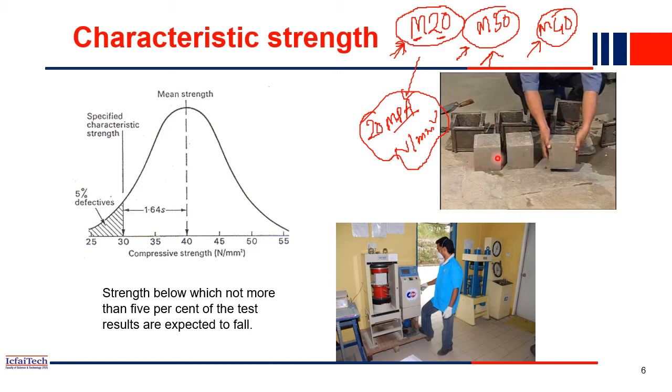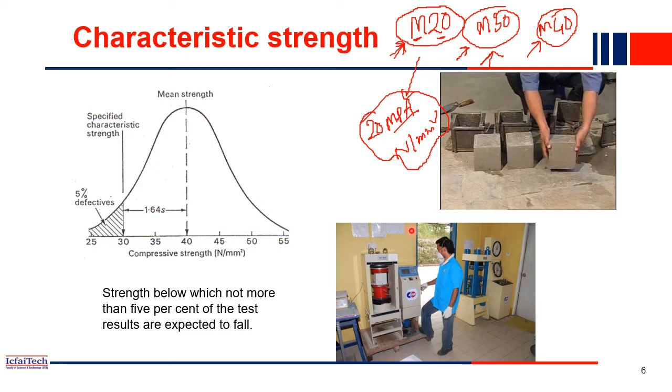Because the materials used in these cubes have impurities, very highly impure, like sand, cement, aggregate, all these things will have impurity. So these impurities cause variation in the strength of each cube. Although all the cubes have been designed for M20, each cube will give different values in compressive strength.